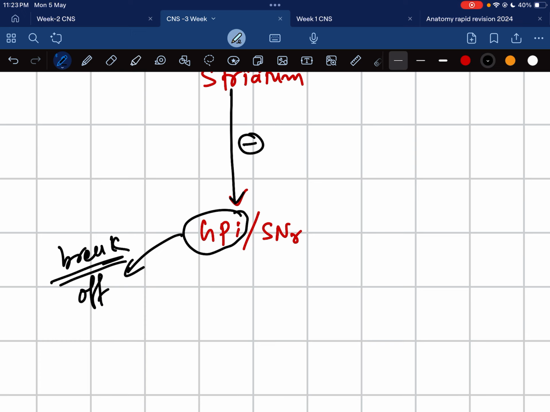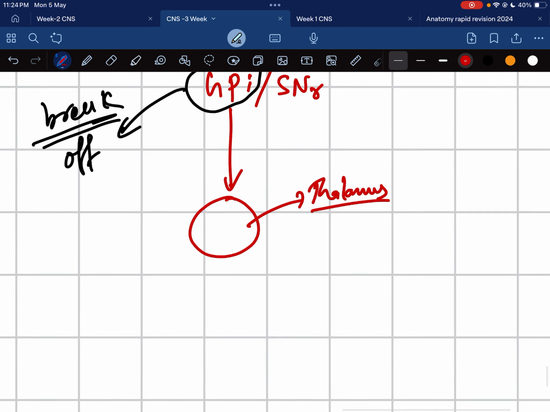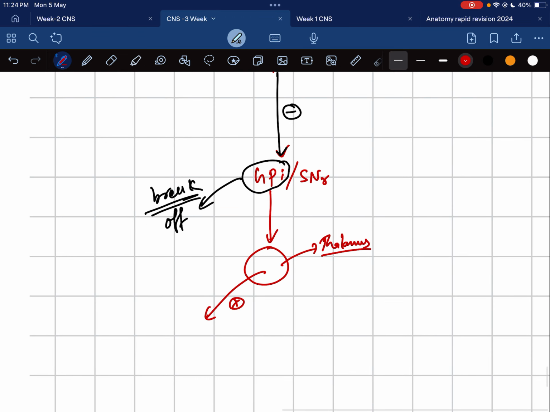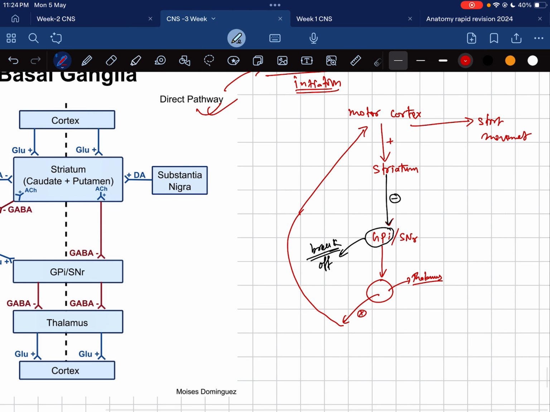When the brake is off, it means it's inhibited, so it sends the impulse to the thalamus, and the thalamus sends an excitatory impulse to the cortex to do movement. So start movement. This is the direct pathway. We can look at this image also.